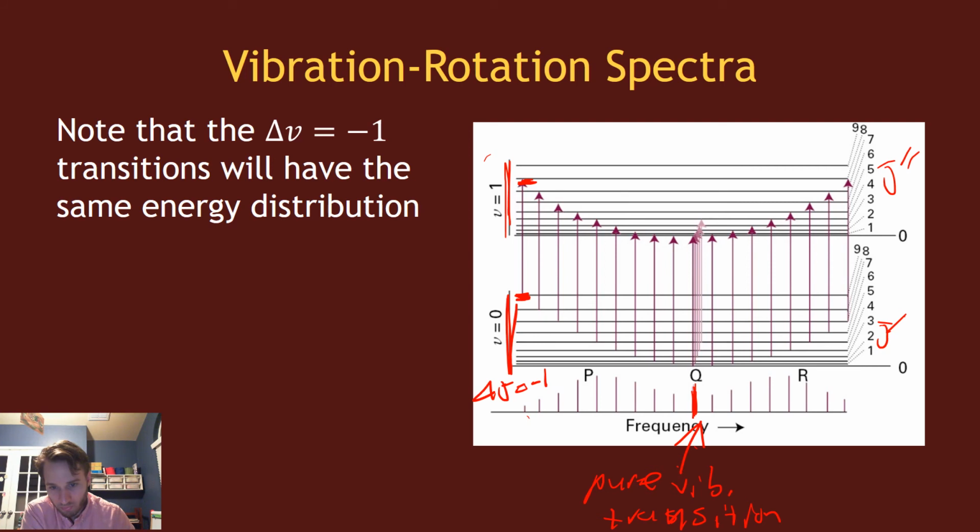And so that's what each one of these different peaks corresponds to: going from different J states within the same vibrational transition. And then the R branch is going to be the same thing, where now I'm going up in my J values. So I'm starting, say, at J equals 0 and going up to J equals 1, and looking at what that peak is.